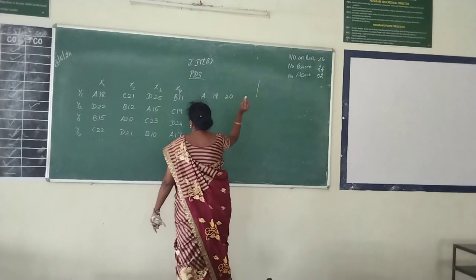So here our treatments are A, B, C, D. Just collect all the values. For A, what are the values given? 18, then 20, 14, 17.